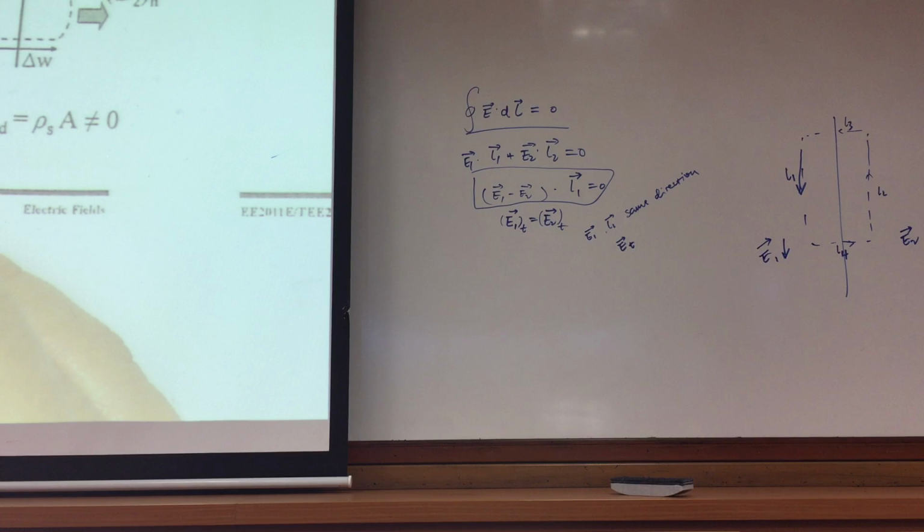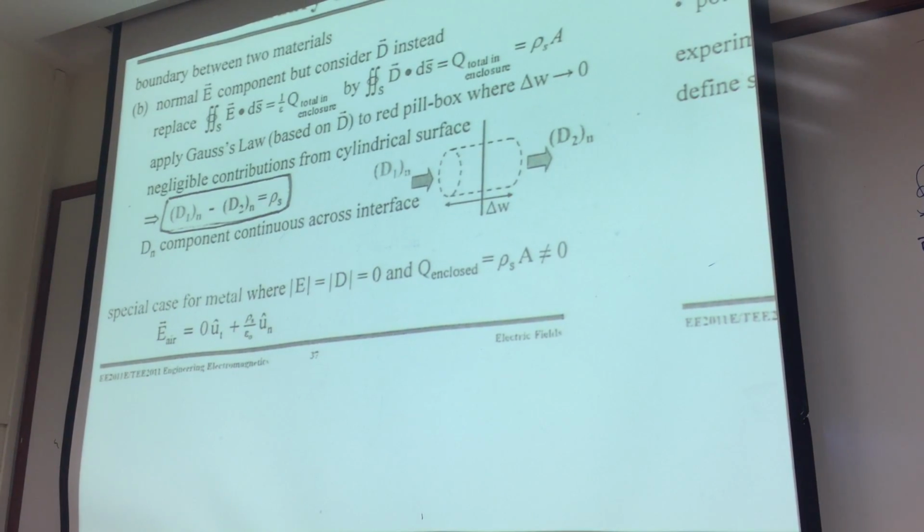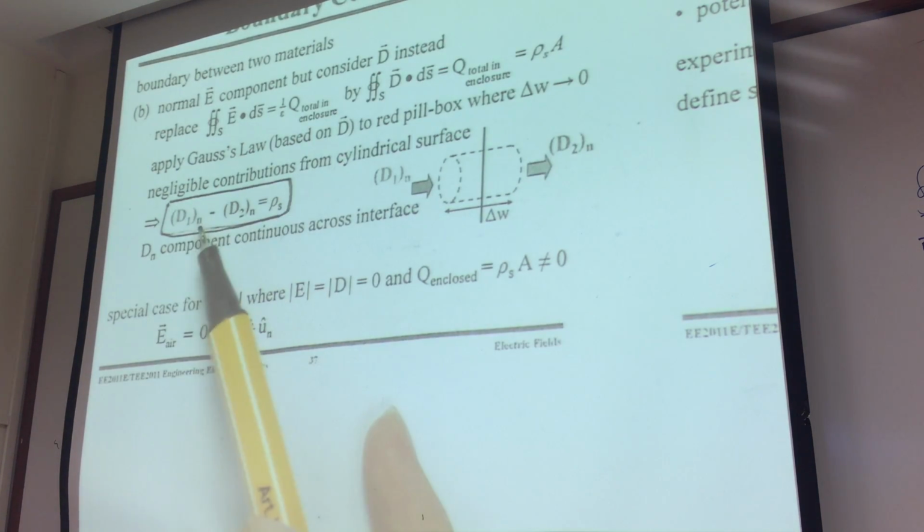The discontinuity of these can give you a certain charge that resides on the boundary surface. That is the physical meaning. So I repeat again: discontinuity of the electric flux density can cause a charge on the surface. That is the physical meaning of this.